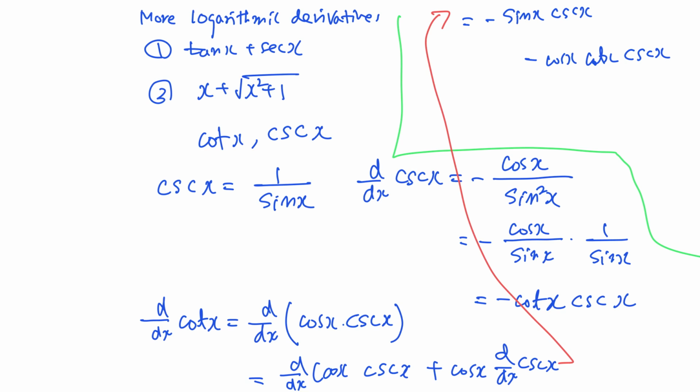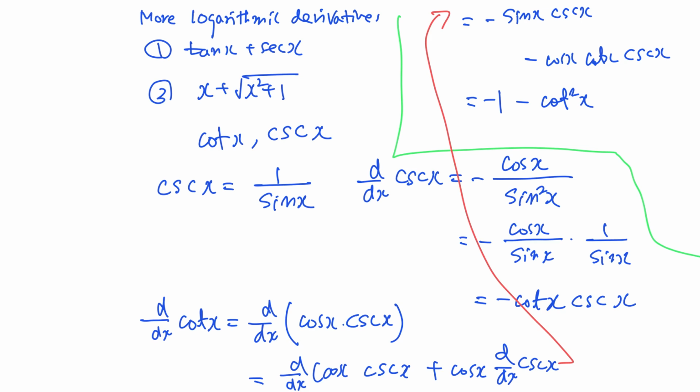That is minus 1. And this is minus cotangent squared x, right? Cosine x times cotangent x times csc x is cotangent squared.